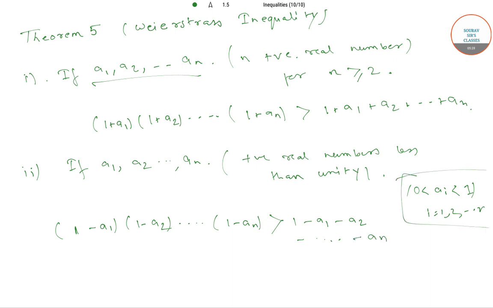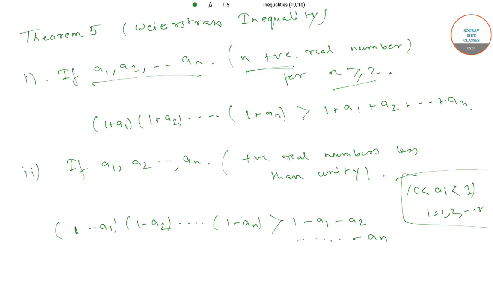So this is the Weierstrass inequality. It states that if a1, a2, so on till an are n positive real numbers, then for n greater than or equal to 2, we will have (1 plus a1) into (1 plus a2) so on till (1 plus an) greater than 1 plus a1 plus a2 so on till plus an.